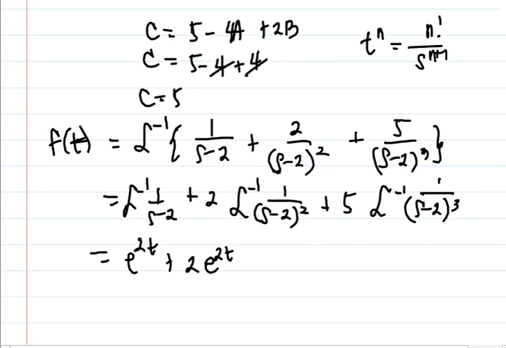So since it is s squared, it is just t. Plus 5, still the same, but with s minus 2 we will have e raised to 2t. I mean s cubed, but we have e raised to 2t for the first shifting.